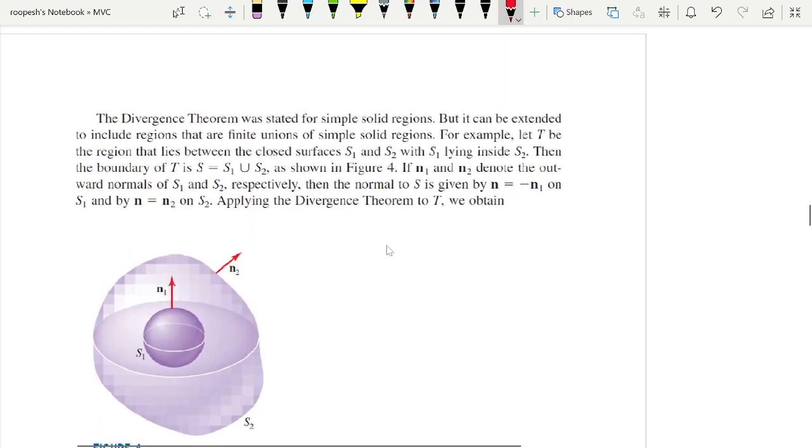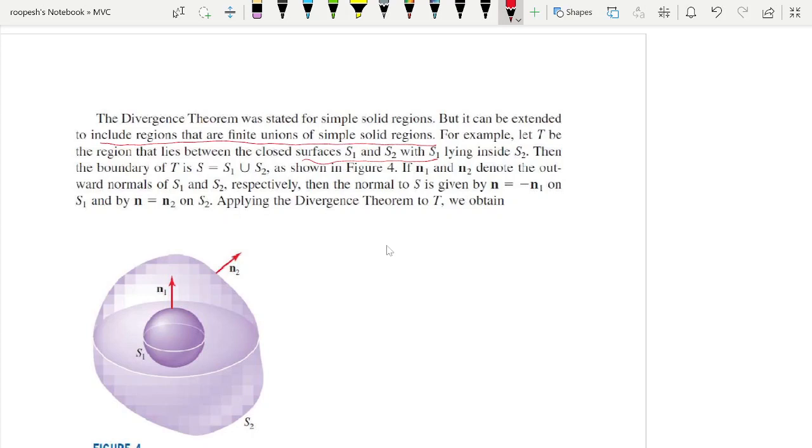Now this theorem can be extended to include regions that are a finite union of simple solid regions. That is, if T is a region that lies between the closed surfaces S1 and S2. See here, this is S1, this is S2, so a closed region between those.